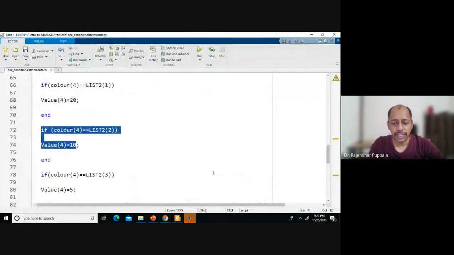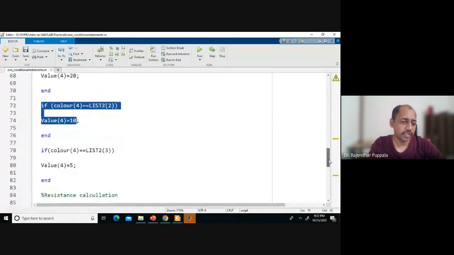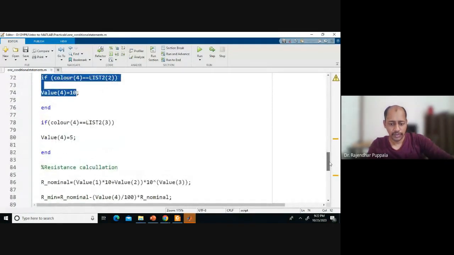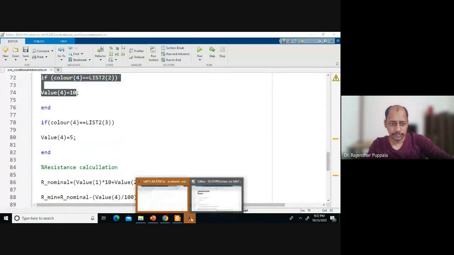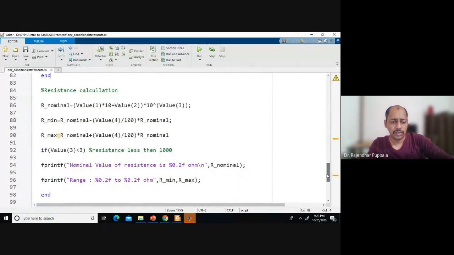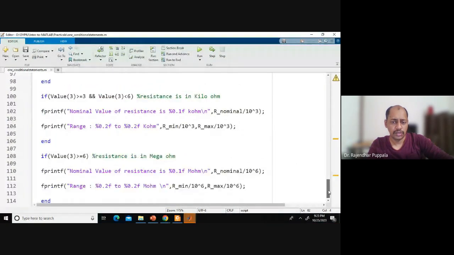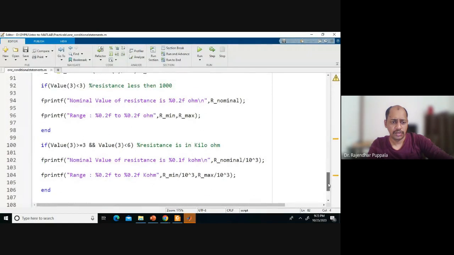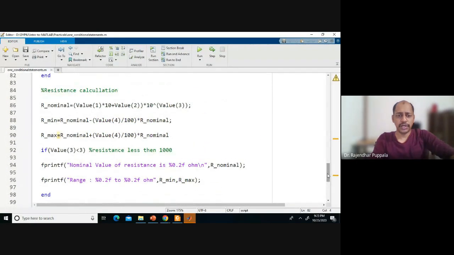So we are giving only the input-related things here. The formula we have not calculated yet, right? So once again you observe. Now start writing the formula for the nominal value. So this is the formula, right?